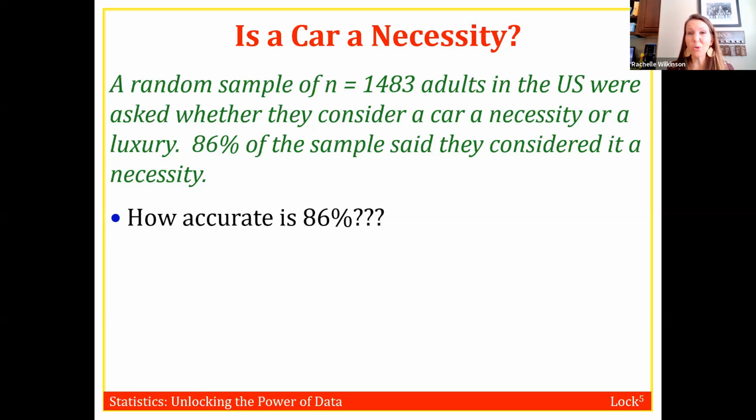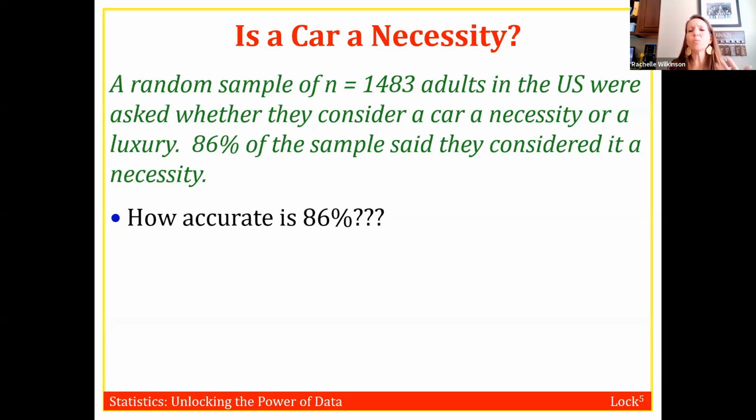Because we also know that if we were to take another sample, we probably wouldn't get the same exact answer. We probably wouldn't get 86%. And we know that 86% is probably not exactly equal to the population value. We know that if we took another sample, we'd get a different value.